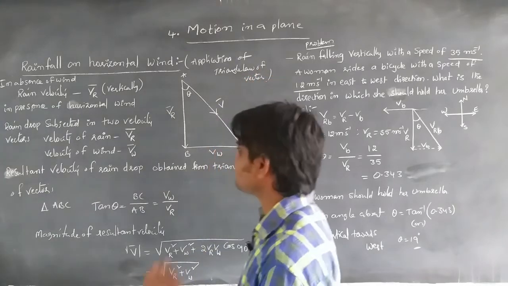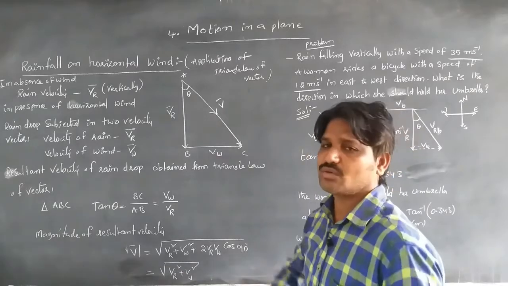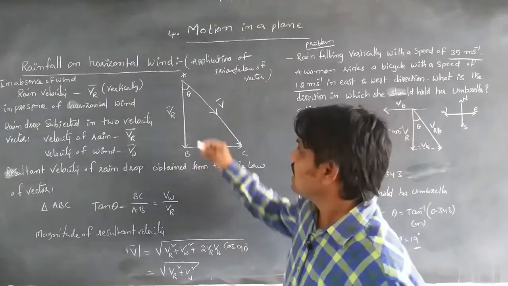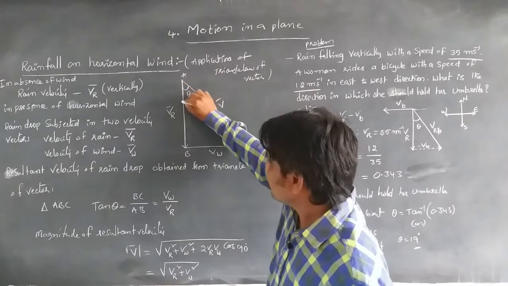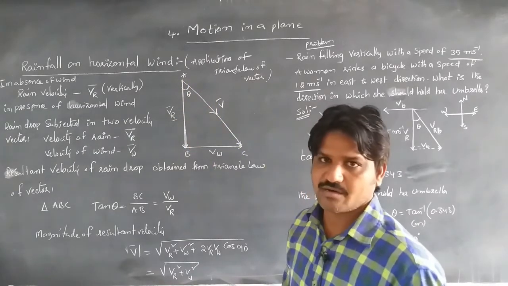In the absence of wind, if we don't consider the wind, then rain will fall vertically downwards with the velocity Vr.